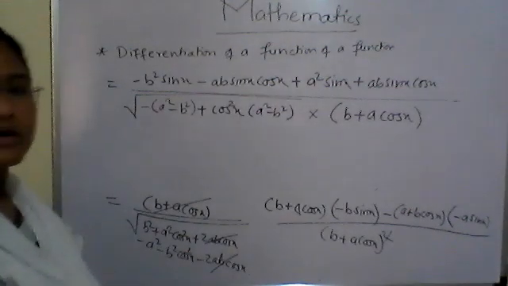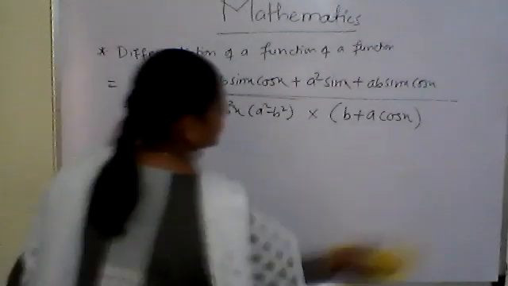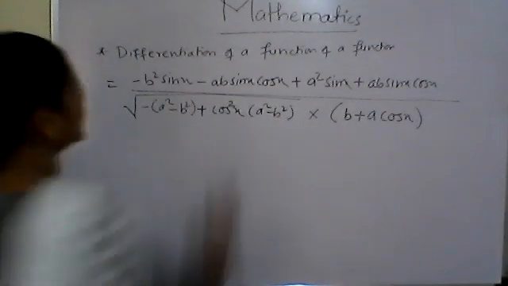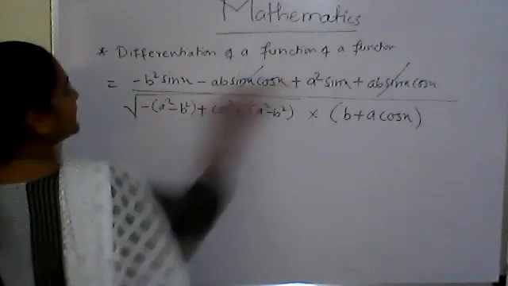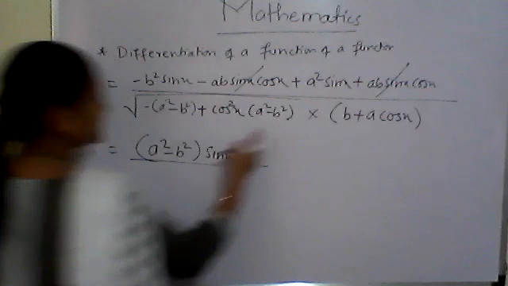Okay. What we are getting? This will get cancelled. A square minus b square, this we can take out. A square minus b square sin x. Now here in the bracket also a square minus b square we can take common.